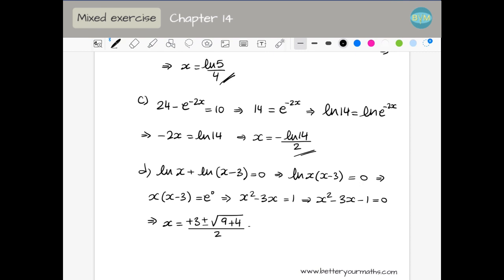So I have (3 plus or minus root 13) divided by 2. This gives us two solutions.